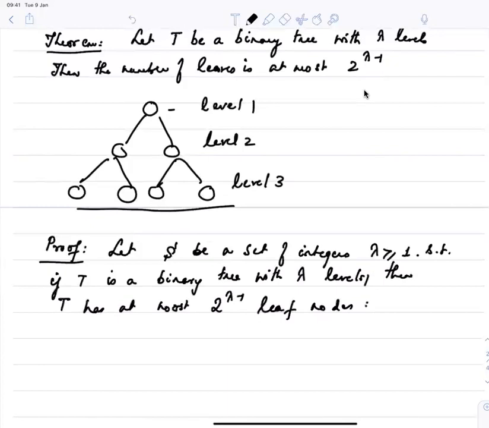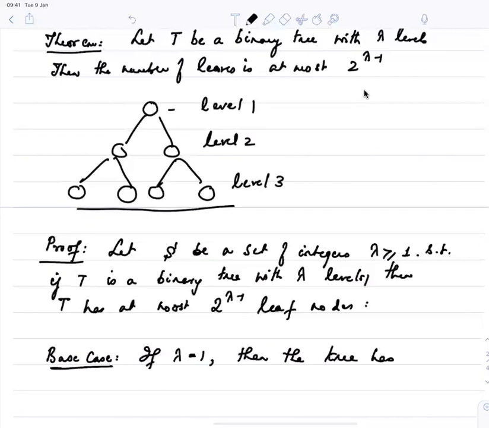We'll again use induction. The base case: if lambda equals 1, then the tree has only one node, the root.